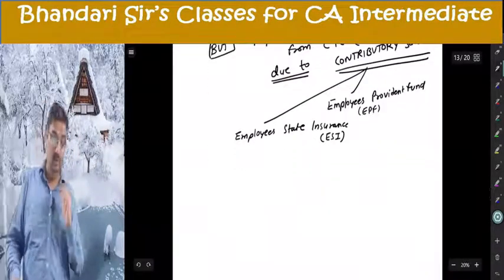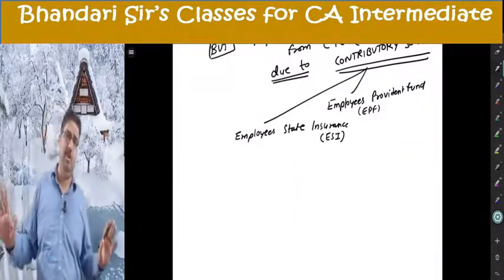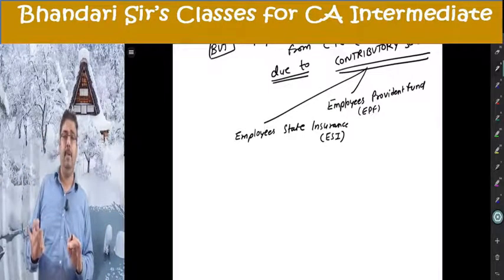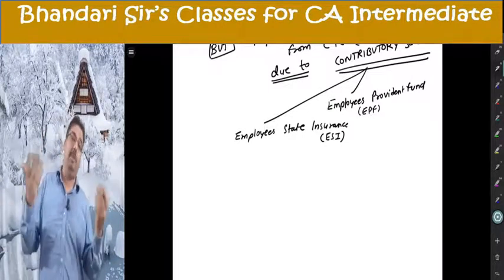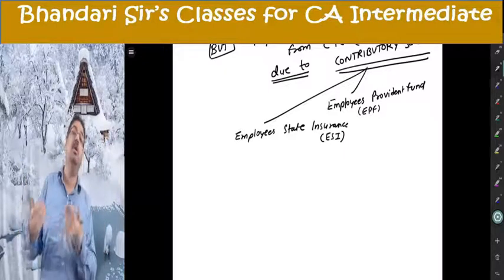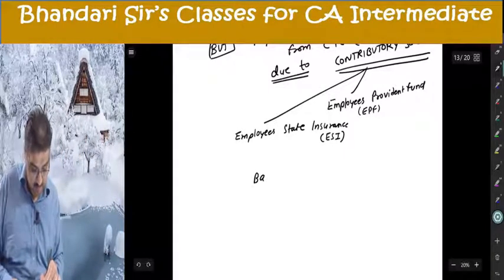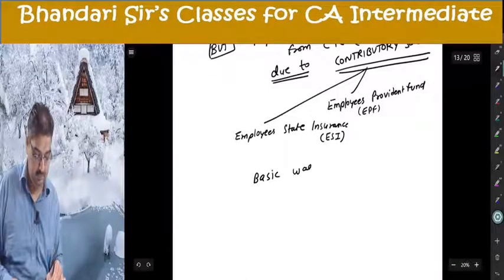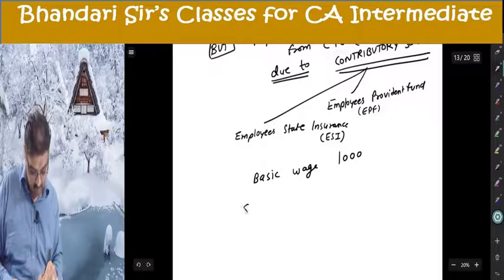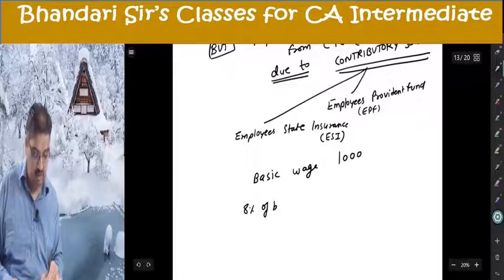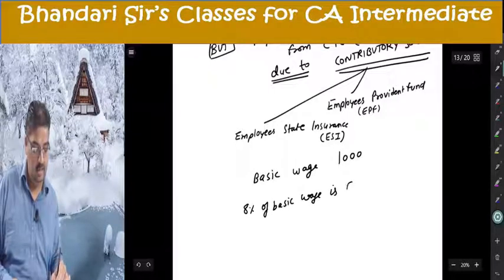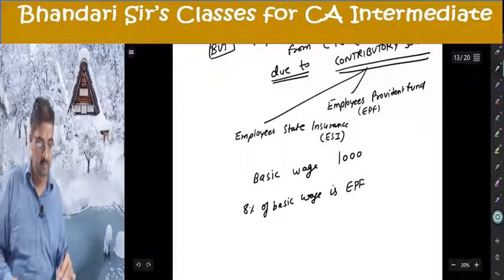Now let's focus there. Take a simple example to understand the concept. Later on, you will get a practical question from exam questions. You will understand much more. Let us say basic wage is 1,000. 8% of basic wage is Employee Provident Fund.